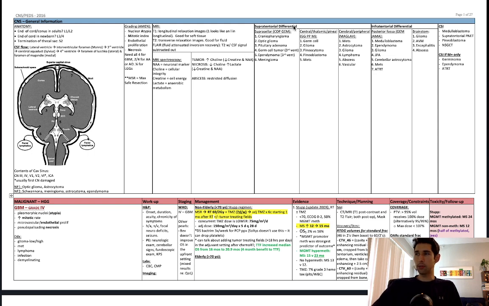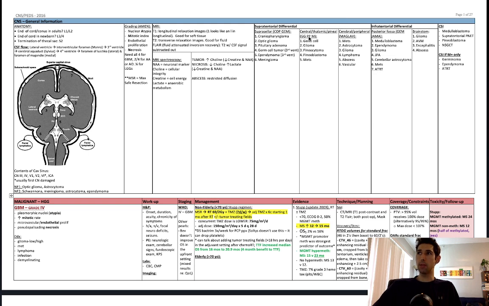Differential diagnoses. Supratentorial suprasellar lesions, you can remember by COP-GEM: craniopharyngioma, optic glioma, pituitary adenoma, germ cell tumor, usually of the third ventricle, ependymoma, and meningioma. Then we go down to the central thalamic pineal regions.